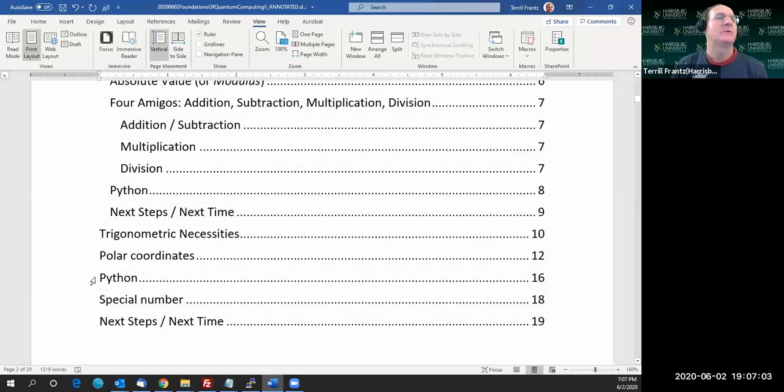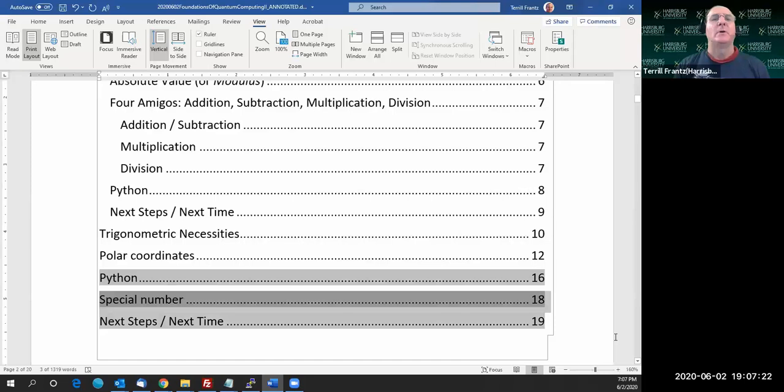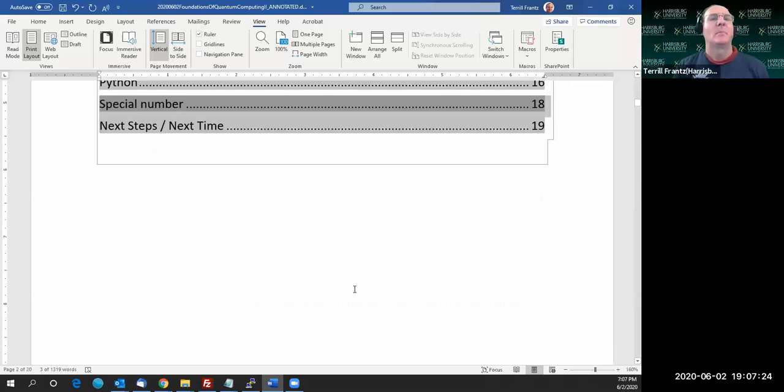I'll spend a minute or two on Python, because it's important to learn this stuff in the context of Python, since we're in a Python world right now. And then we'll talk about a very special number, and you physics people probably know what that is, if we get that far. So let me get right to it.